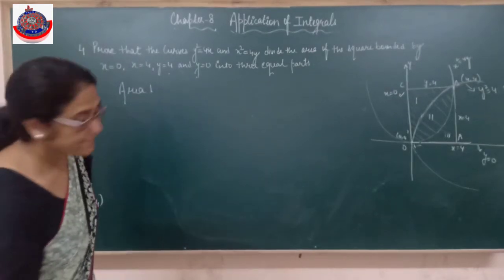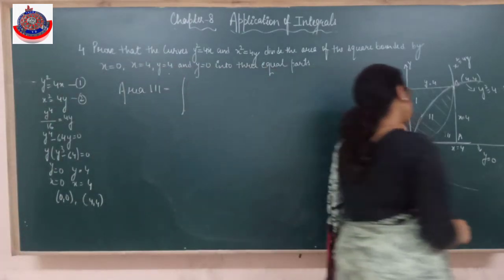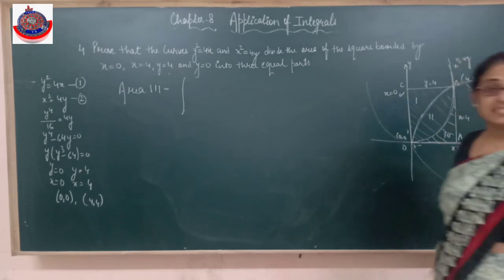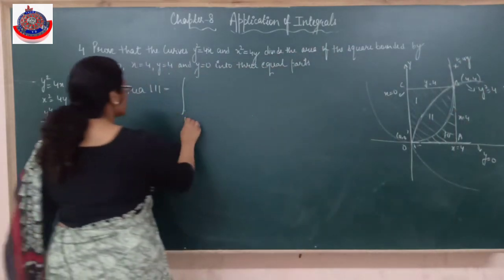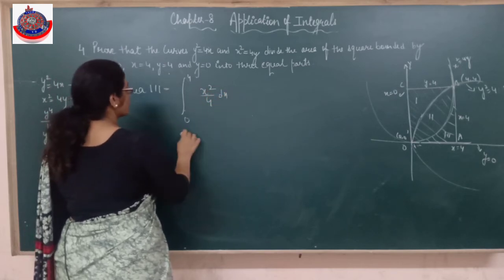Area 3. What is area 3? This is area 3. I just have to find out this. This is what? 0 to 4 bounded by this parabola, and this parabola is y is x square by 4. So 0 to 4 bounded by the parabola x square by 4. So solve it.